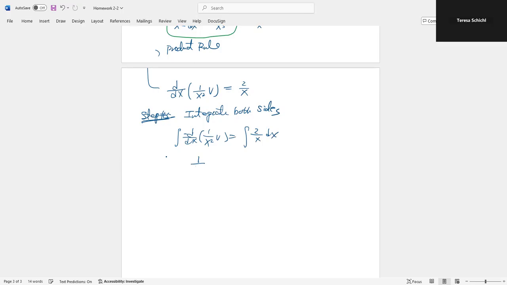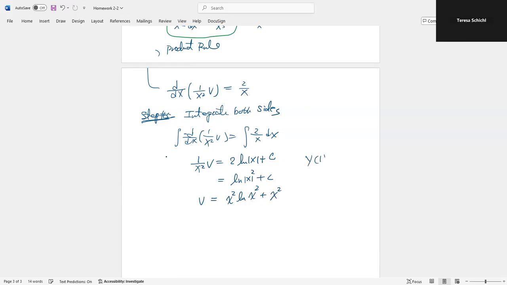So I know the left-hand side is 1 over x squared v equal to 2 ln x, right? So ln x plus c is here. And now I can put this one as ln x squared plus c. And so times x squared both sides. So the v is equal to x squared ln. Since this is an absolute value, it really doesn't matter. So it's x squared ln x squared plus c x squared.